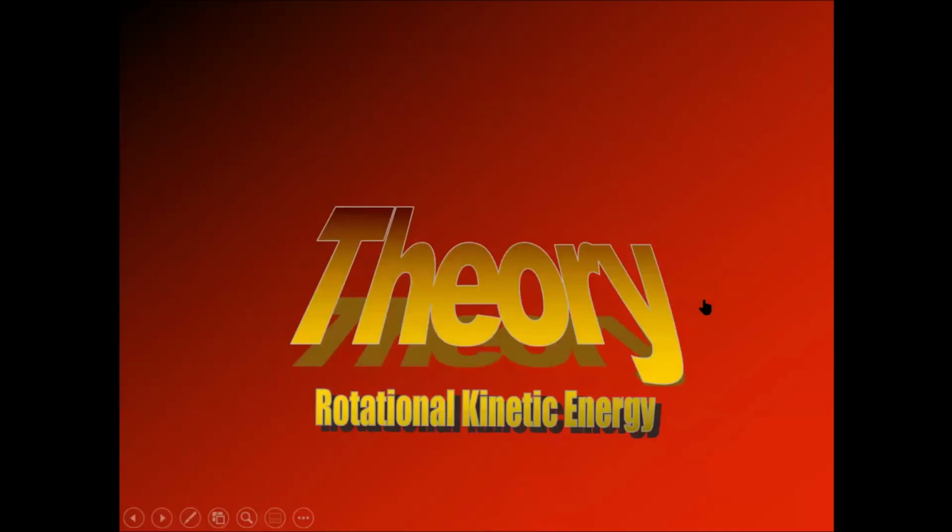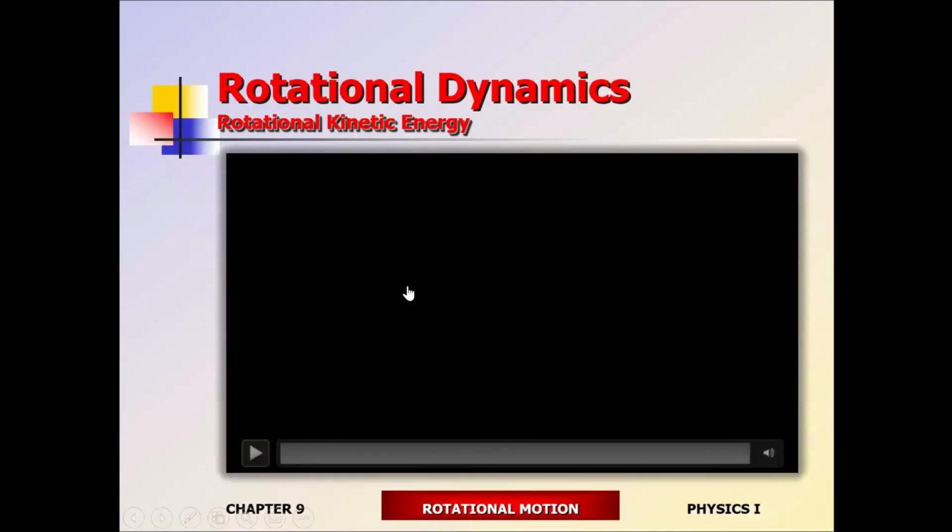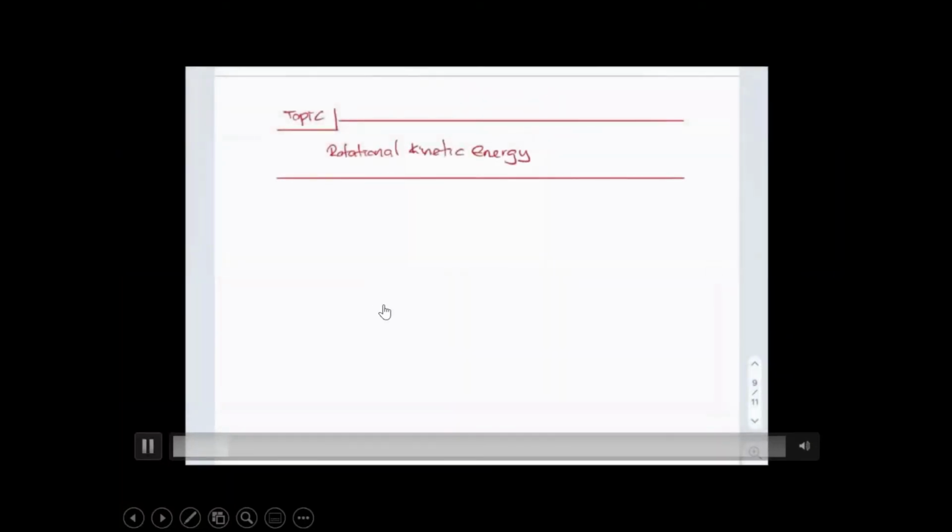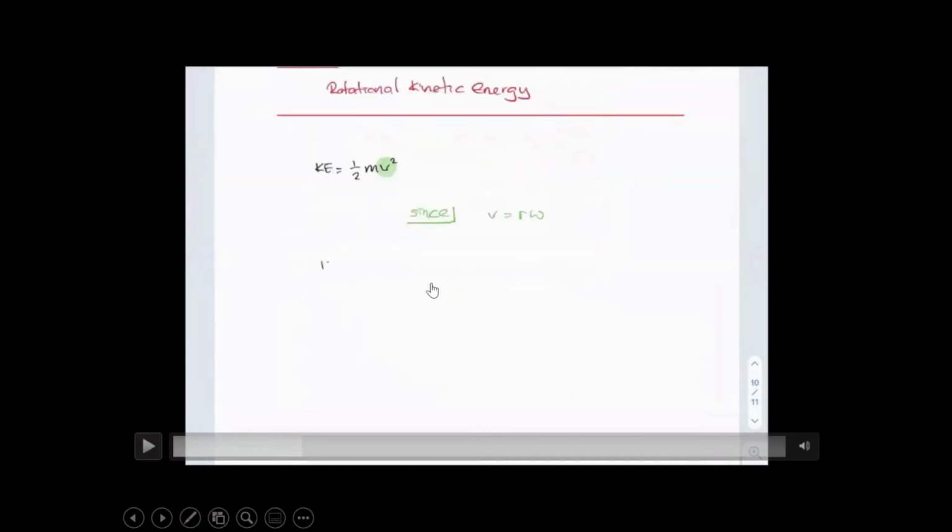All right, so this takes us to the next point, rotational kinetic energy. Here's your linear kinetic energy, translation. Express the linear speed of the tire, or the center of mass of the tire, in terms of the rotational speed.